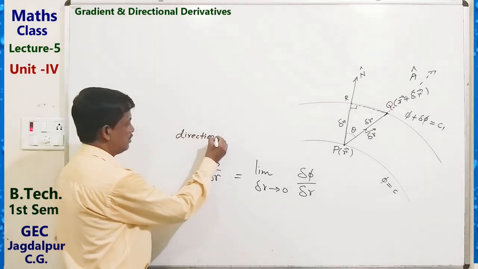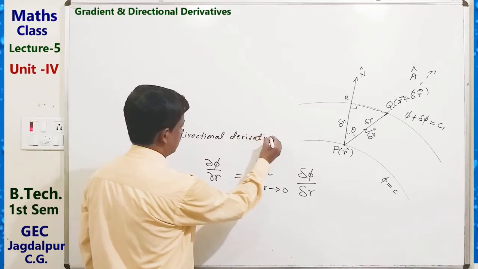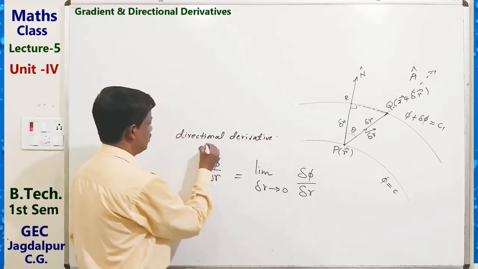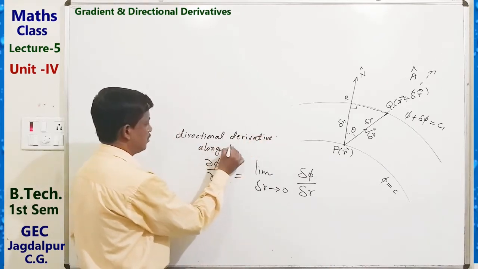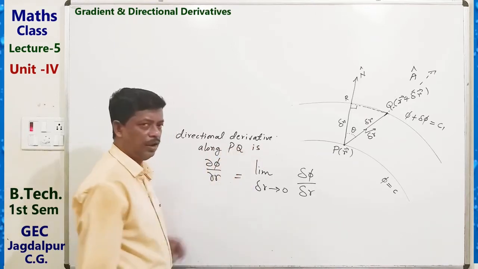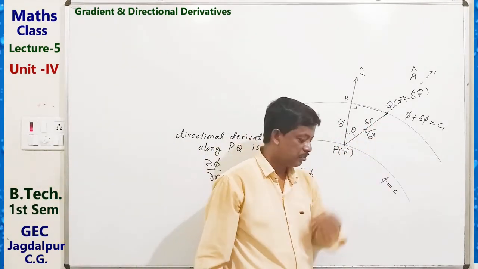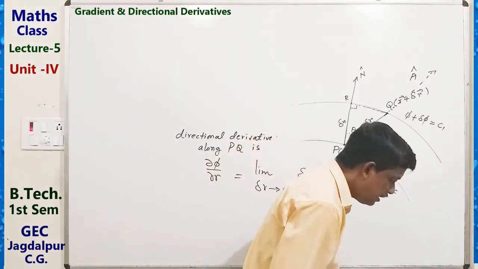Directional derivative along PQ is along PQ. This is the distance. Okay. So here we can write thus.